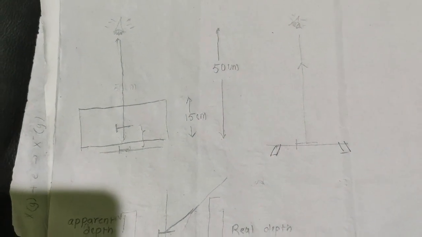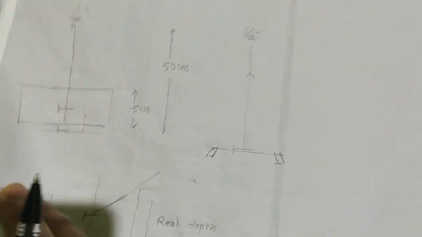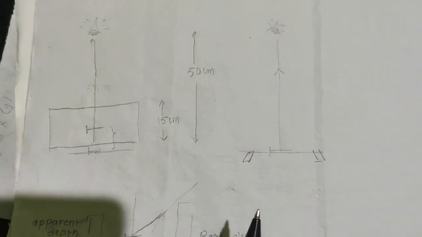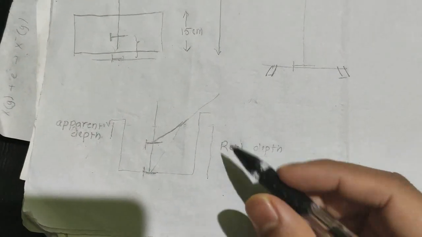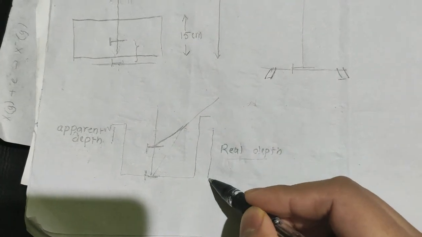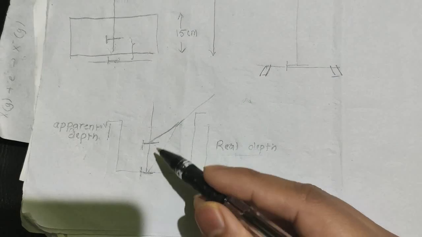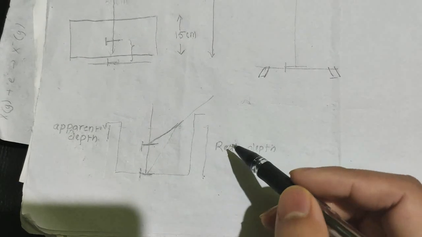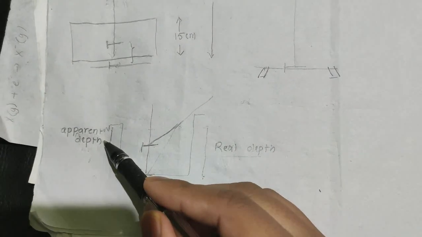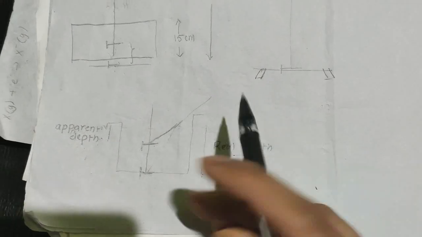To find out the distance by which it appears to be raised, what we did in our topic: we knew our real depth, we knew our apparent depth. So to find the distance by which it was raised, we subtracted the apparent depth from the real depth. Clear?